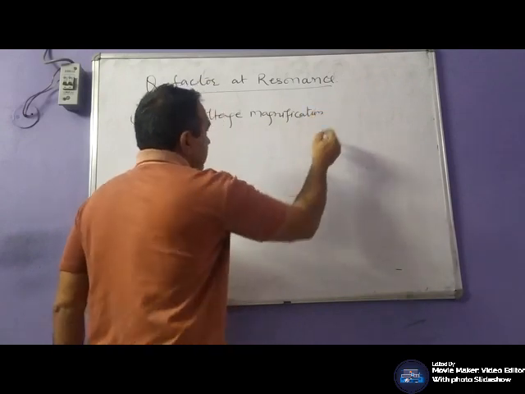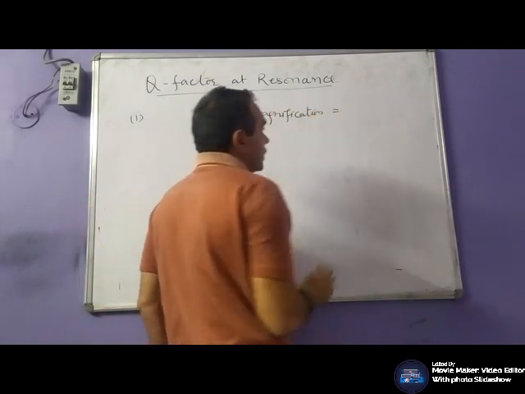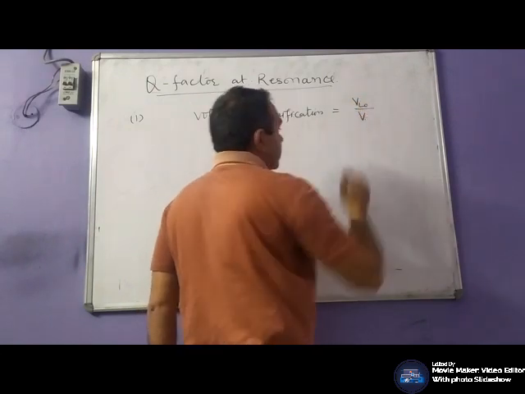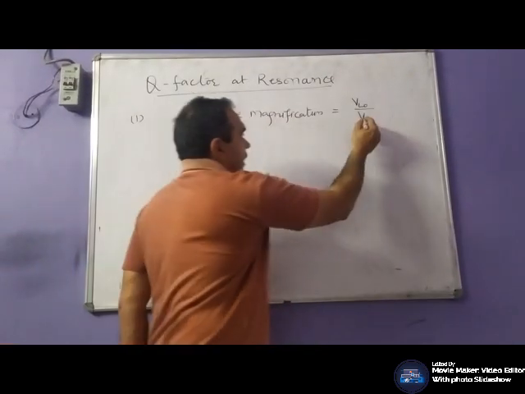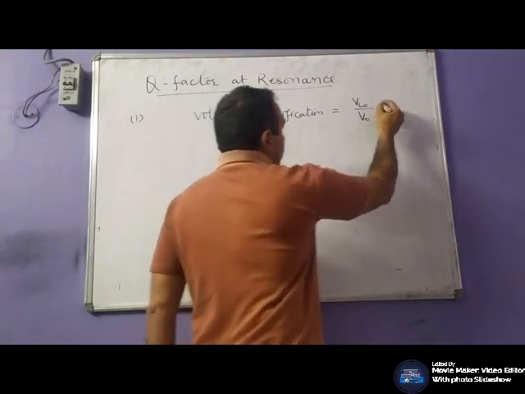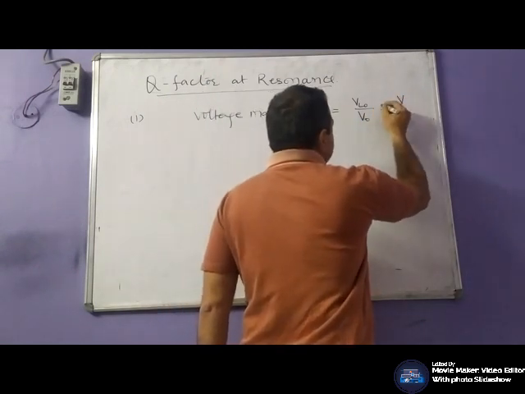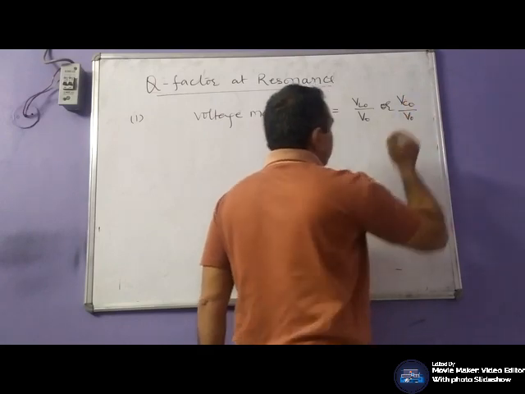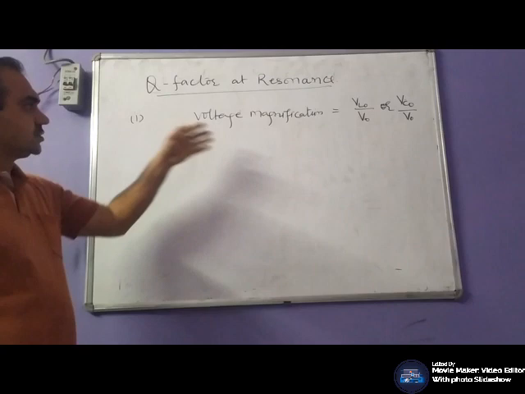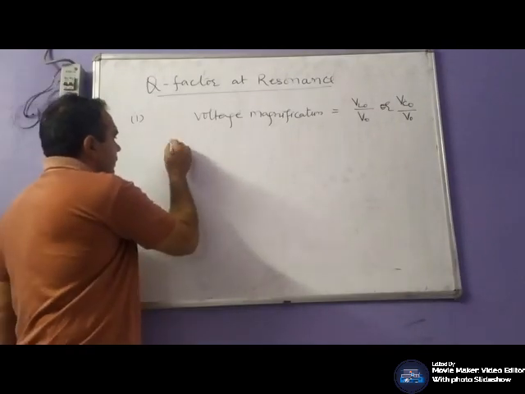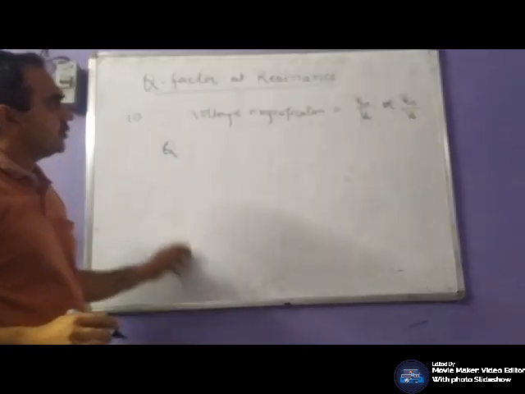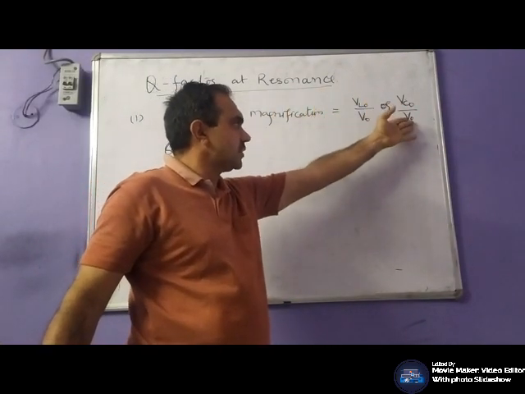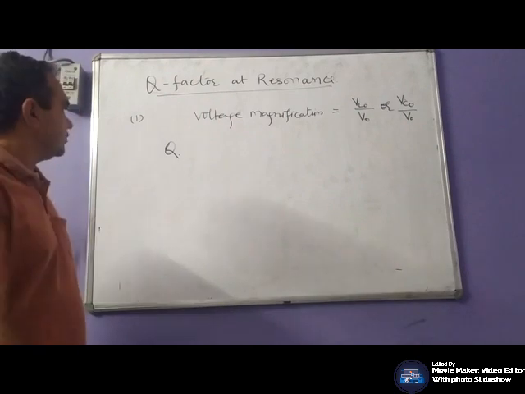That is the voltage across the inductor at resonance to the voltage applied, or voltage across the capacitor to the voltage applied. That is, quality factor may be defined as ratio of voltage across the inductor to the applied voltage, or voltage across the capacitor to the applied voltage at resonance.